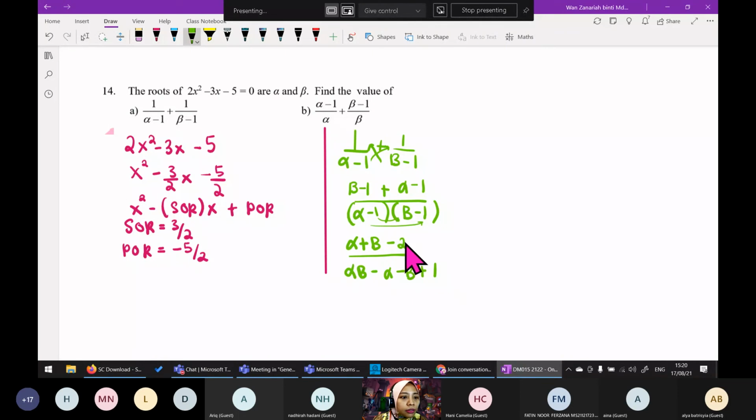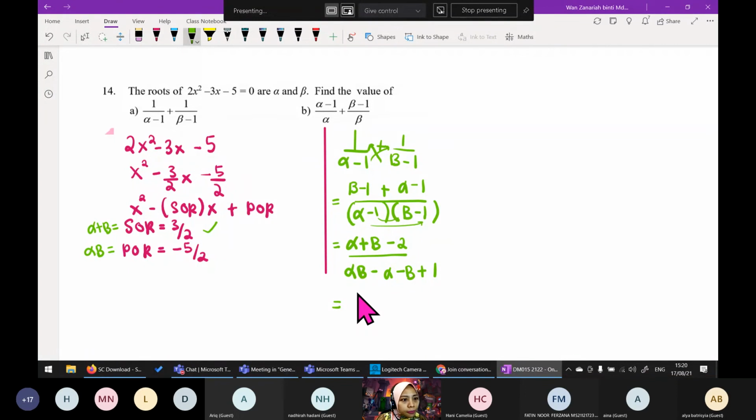Betul semua? Betul. Okay, kemudian alpha plus beta. Alpha plus beta kita dah ada ini SOR, sum of root. Ini adalah alpha plus beta kita. Meanwhile, this is alpha beta kita.